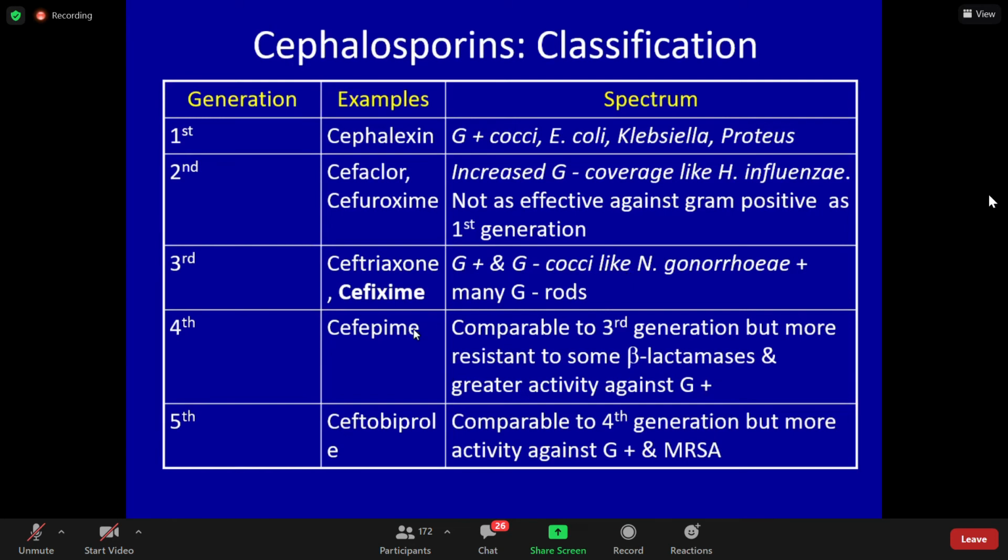And fourth generation, in addition to the third generation, is also effective against some gram positive, and is very, very resistant to beta-lactamase enzyme. Now, the million-dollar question: why beta-lactamase resistance in fourth generation? Once again, recall, I mentioned it is a function of the side chain.